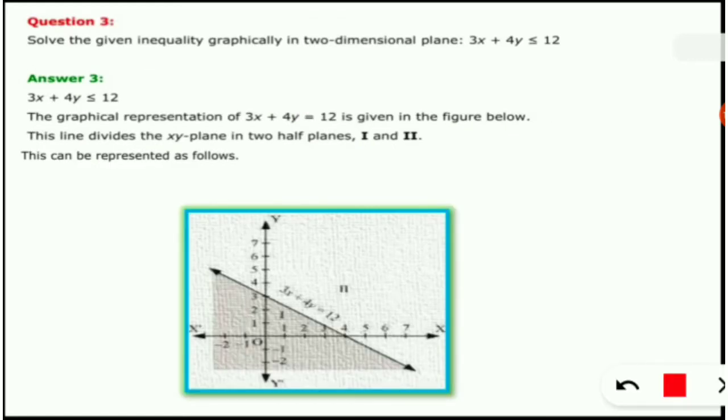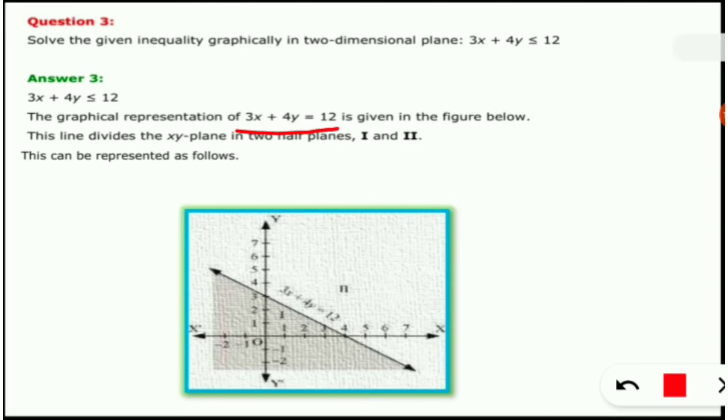Question number 3 is: solve the given inequality graphically in 2D. The inequality is 3x + 4y ≤ 12. The graph of 3x + 4y ≤ 12 starts from the line 3x + 4y = 12.